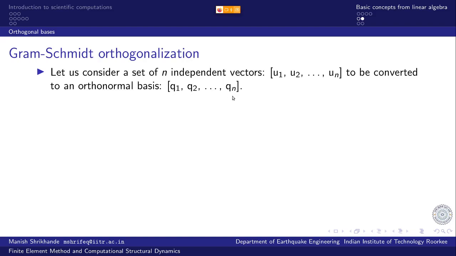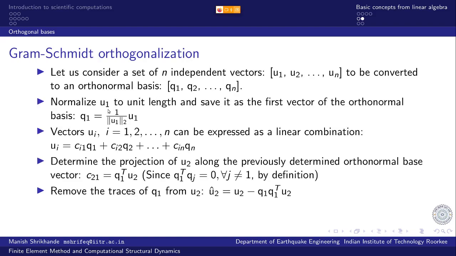They can be converted into an orthonormal basis, q1, q2, up to qn. First, we normalize u1 to unit length and save it as the first vector of the orthonormal basis, q1. That is u1 divided by the norm, or Euclidean length, of u1.